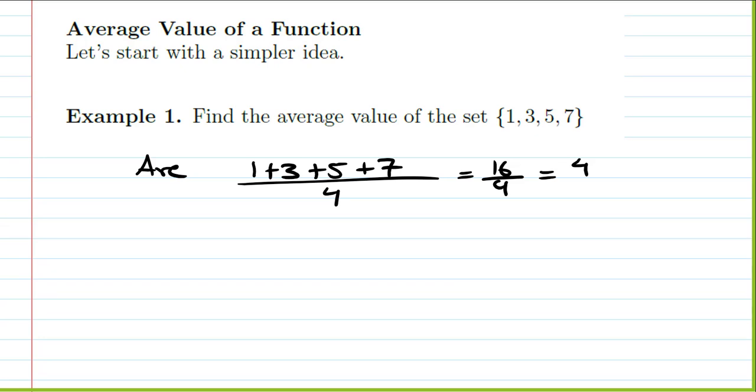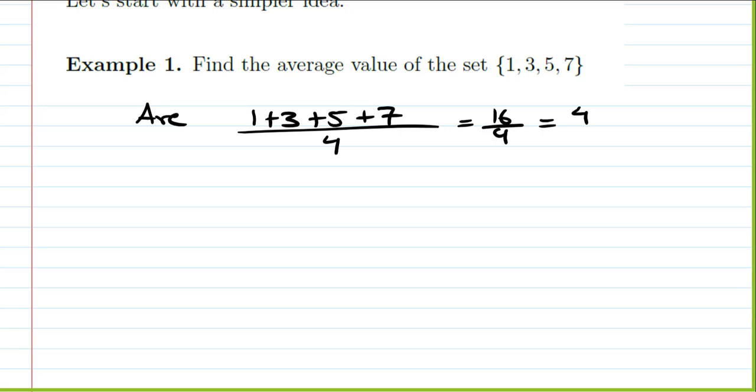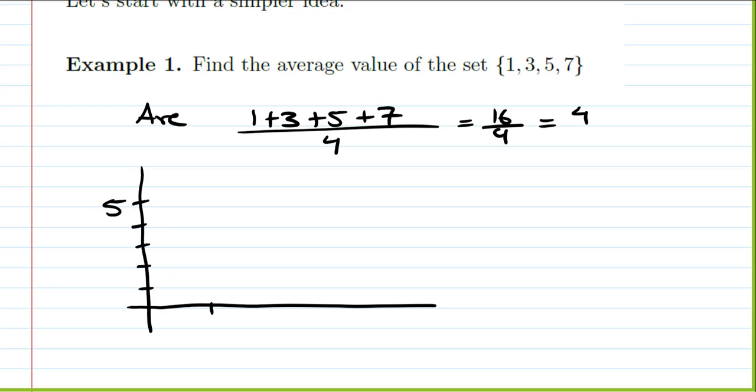So let's draw a picture to help us visualize exactly what we would be talking about. So if we had a graph, and we have something that looks like this: 1, 2, 3, 4, 5, 6, 7, 8.